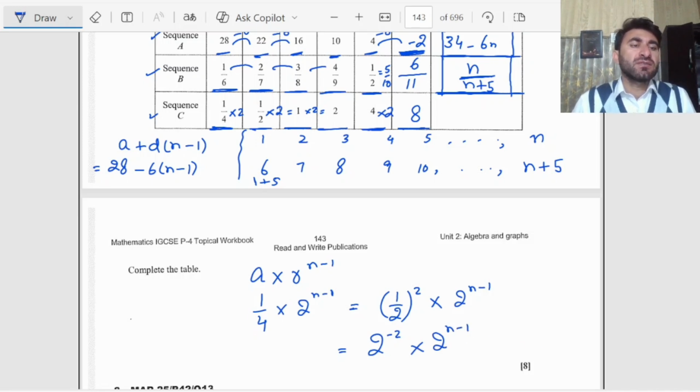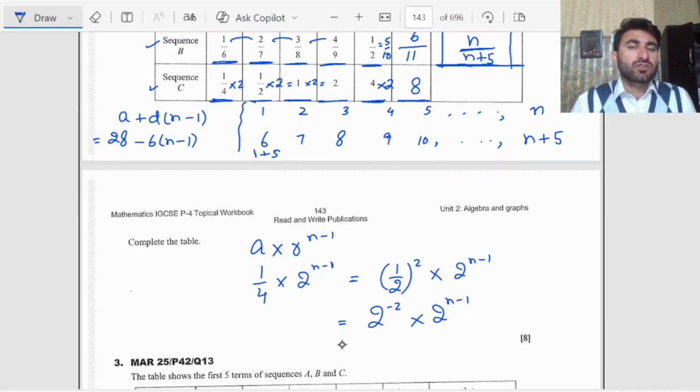Now here we have the same base. So it will become 2 to the power minus 2 plus n minus 1. As the numbers are multiplied with the same base, the powers add up, and the nth term for this sequence becomes 2 to the power n minus 3. 2 to the power n minus 3 is the nth term for sequence C.